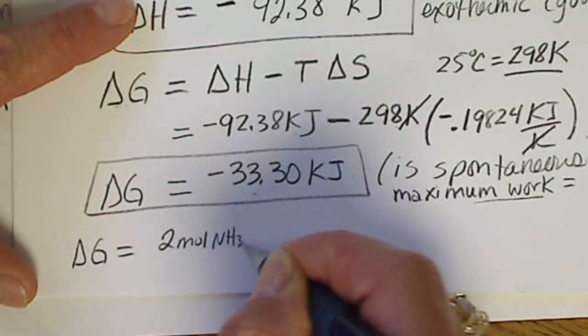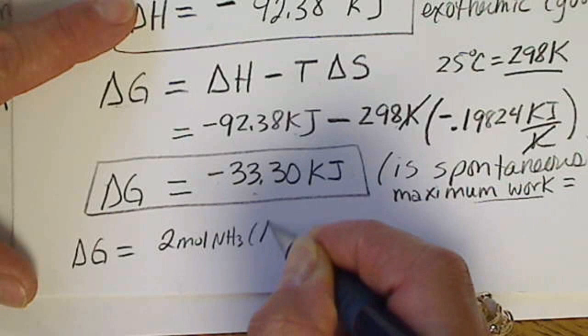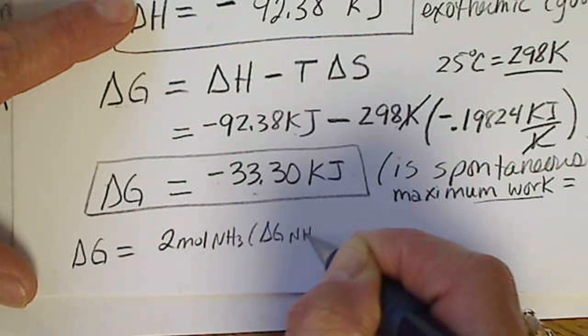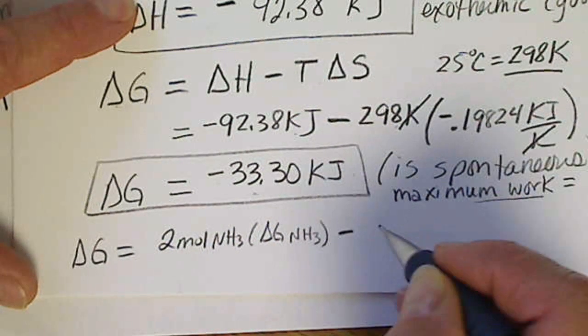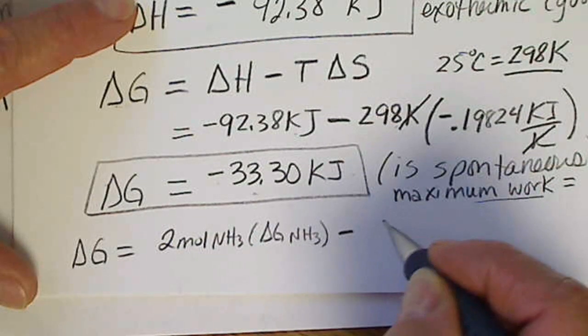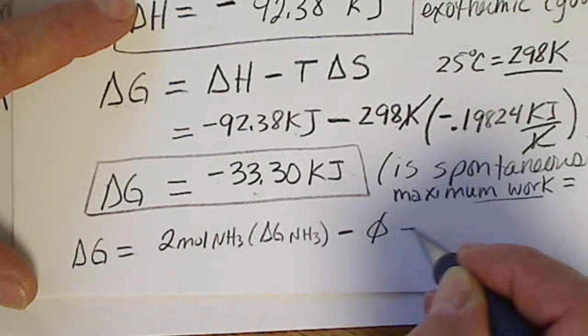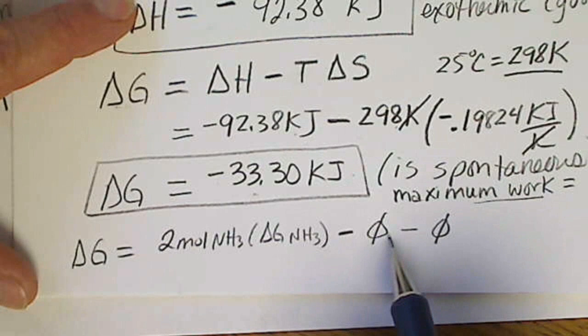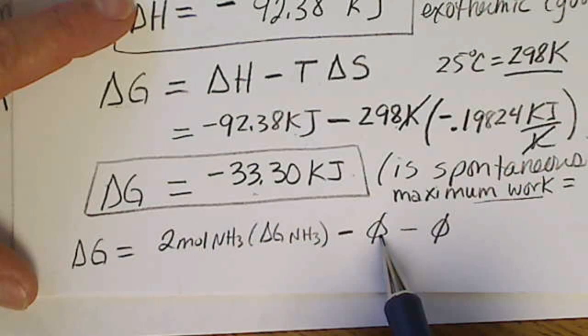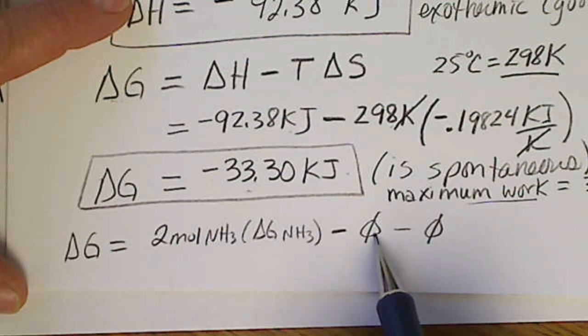And just to save time, I'm going to tell you, and we'll see it in the book, that the delta G values are just like the delta H values for elements.